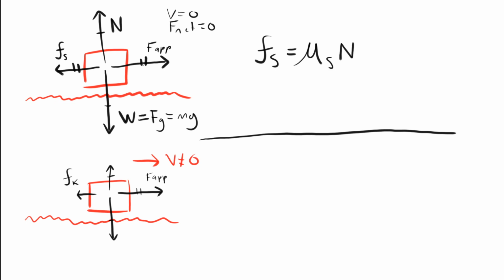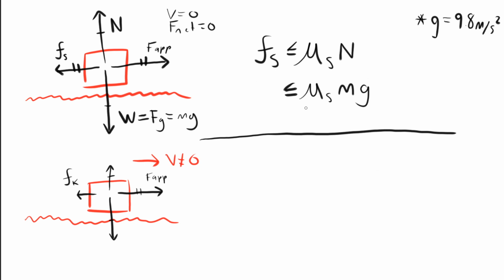Or put in a different way, because we know that the normal force is equal and opposite to the force of gravity, another way of saying that is that it is less than or equal to mu sub s times not n, but mg, the mass of the object times the acceleration due to gravity. And keep in mind, again, that g, not q, g is equal to 9.8 meters per second squared. Okay, just keep that in mind.